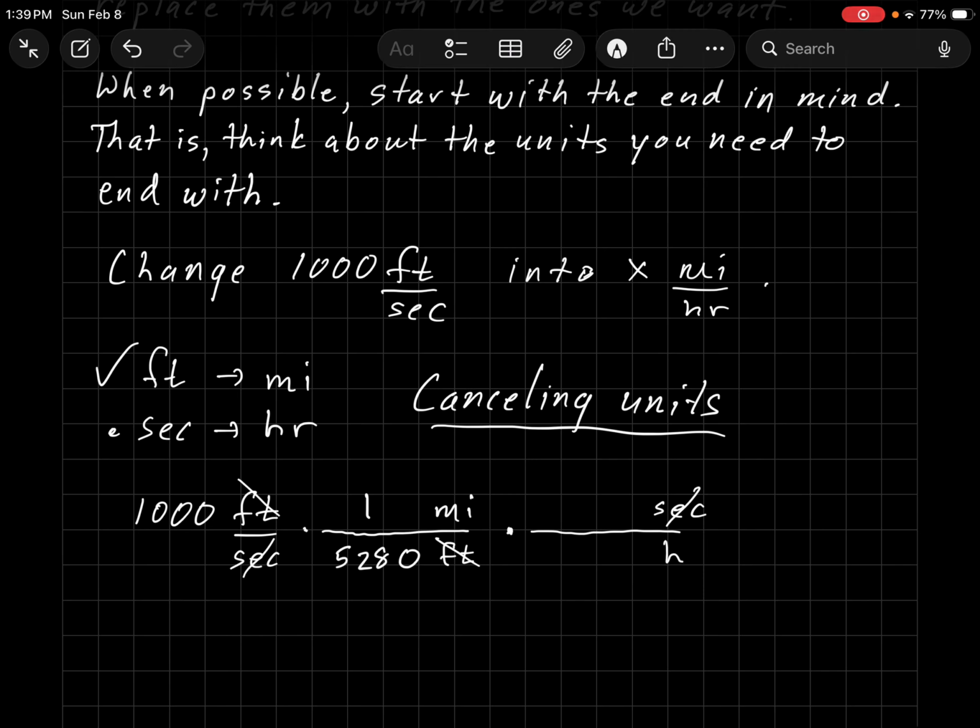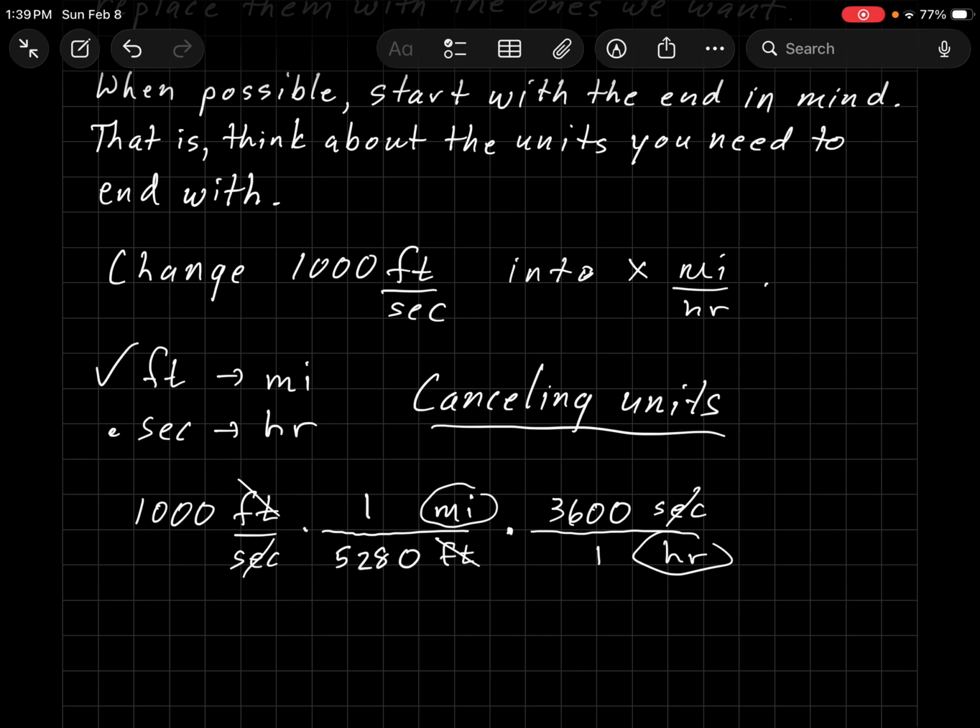And I need hours in the denominator, as well as the conversion factor between the two. Well, in 1 hour, there are 3,600 seconds. Notice that the units left over are miles per hour.